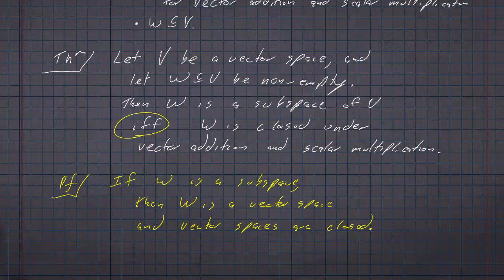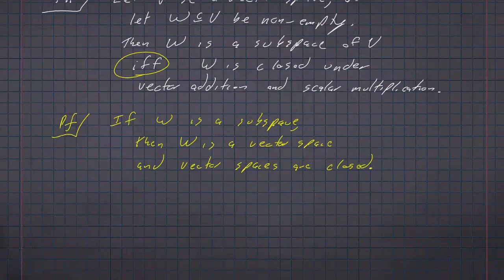But we do have to look in the other direction. So we will assume that V is a vector space. We will assume that W is a subset of V, and we will assume that W is closed.